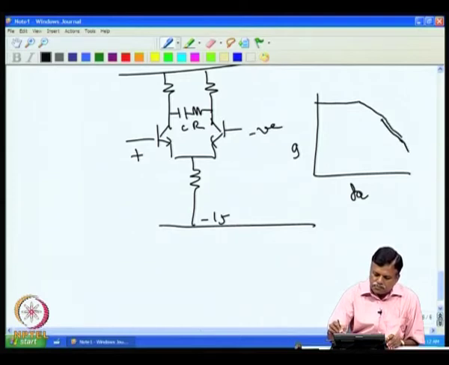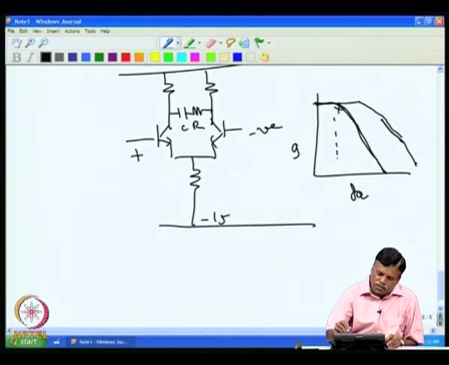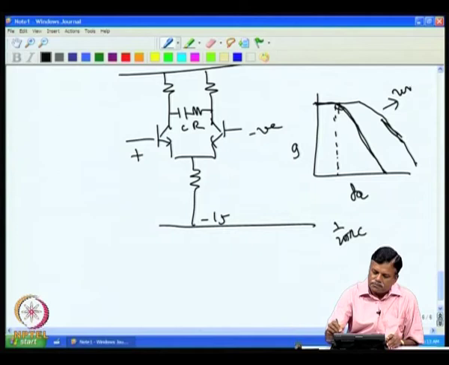Now, one can do this and bring down the frequency response like this, as if it is a single pole frequency response, and the pole frequency is now shifted to this. This is given by 1 by 2 pi R C, and one can bring it down to a very low frequency.